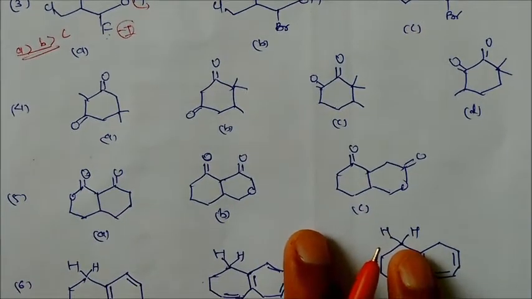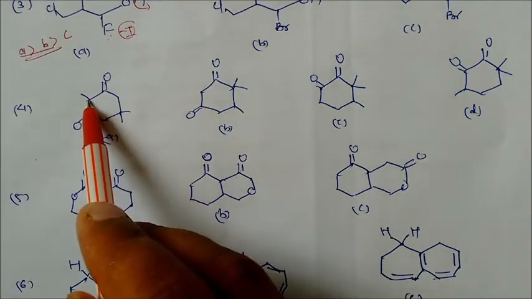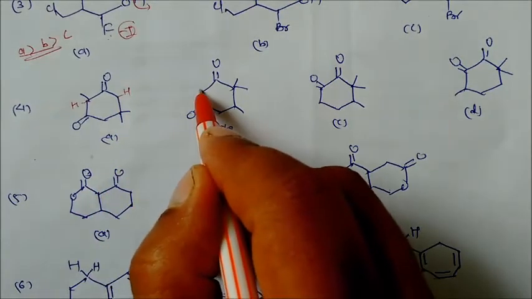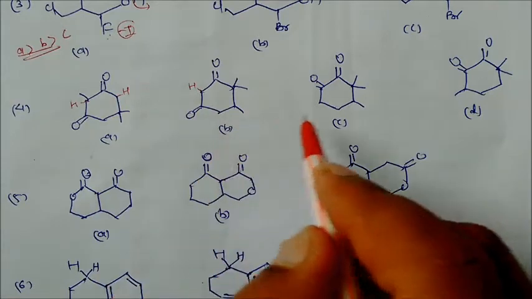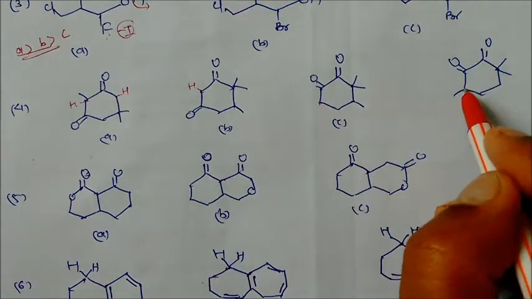Now the fourth one. In this, we can see this is the ketone group. Here there is one acidic hydrogen, and here we have one acidic hydrogen, but here we have only one acidic hydrogen. And here we have acidic hydrogen on this side, no acidic hydrogen here, and here we have acidic on this side.